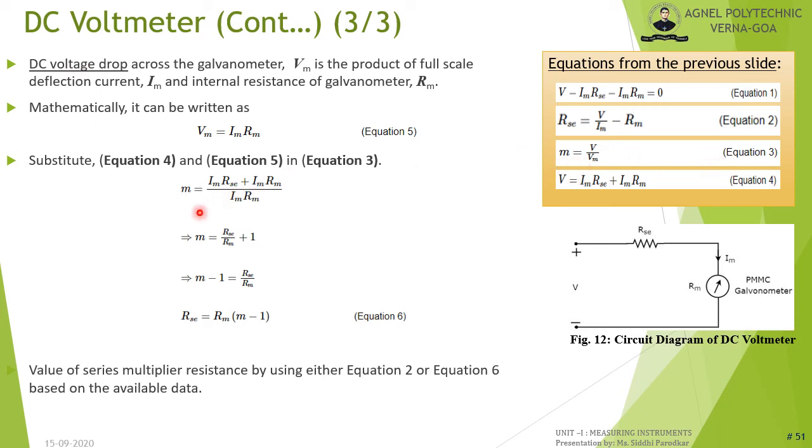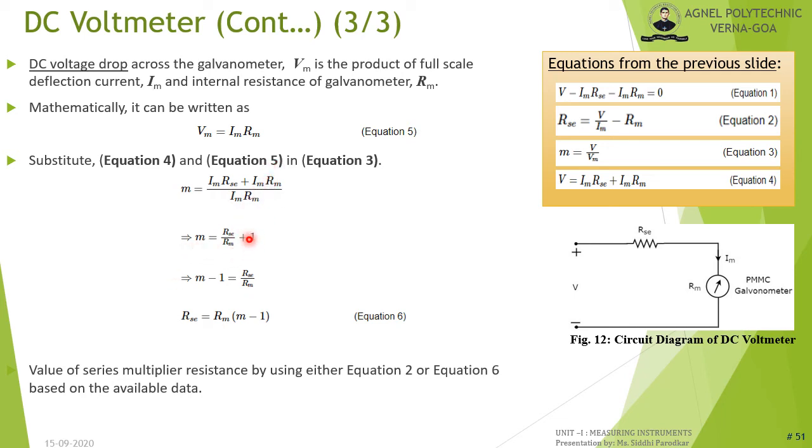From equation number 4 and equation number 5, substitute Vm and V in equation number 3. So we get M is equal to Im RSE plus Im Rm upon Im into Rm. Solve this equation, that is you have to divide this term Im Rm for both these terms. So we get M is equal to RSE upon Rm, since Im is common, it will get cancelled, plus 1, that is both these terms are same.